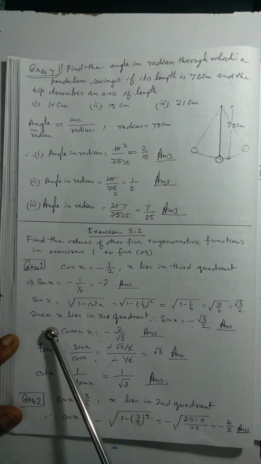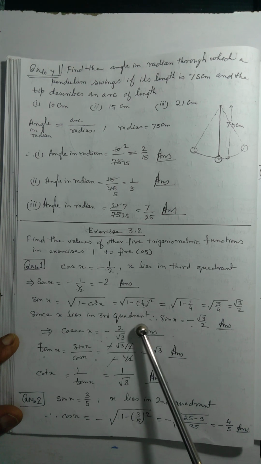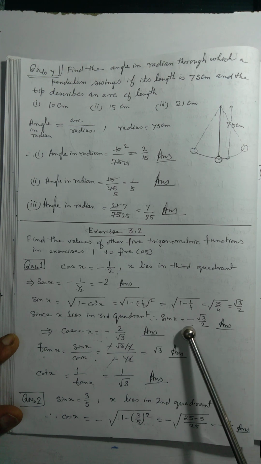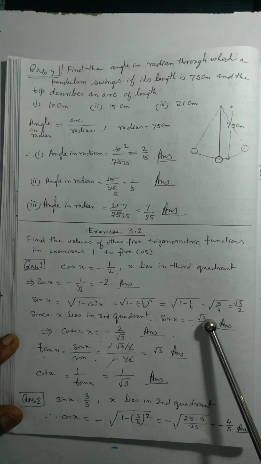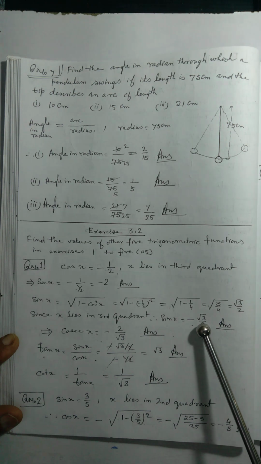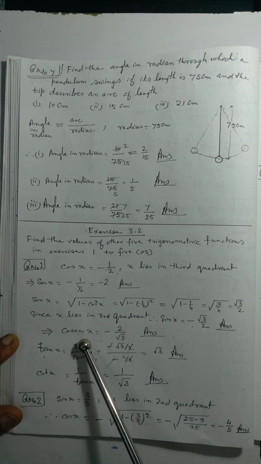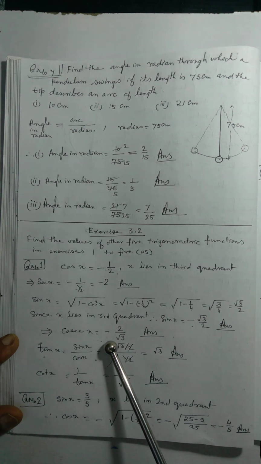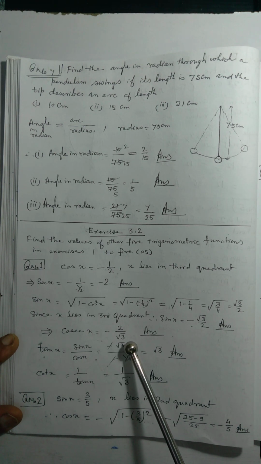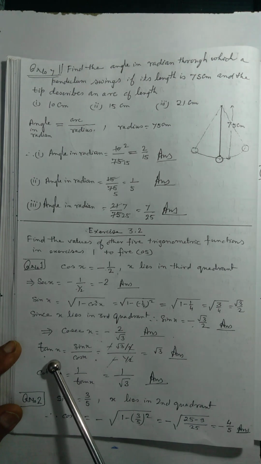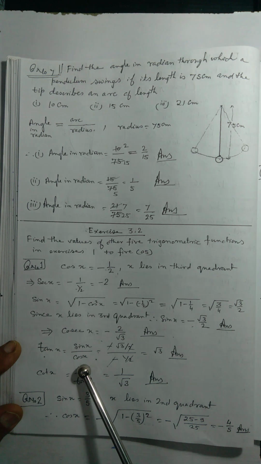So since x lies in the third quadrant, the value of sin x will be negative. Hence sin x is equal to minus root 3 by 2. Once we have got the value of sin x, cosecant x will be equal to minus 2 by root 3. Tangent x is equal to sin x by cos x.